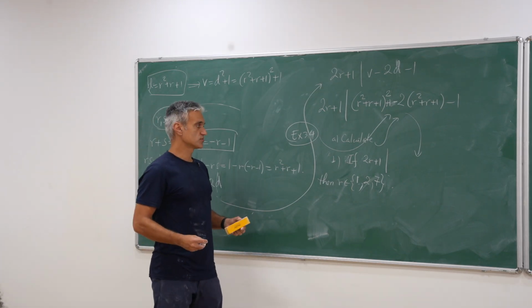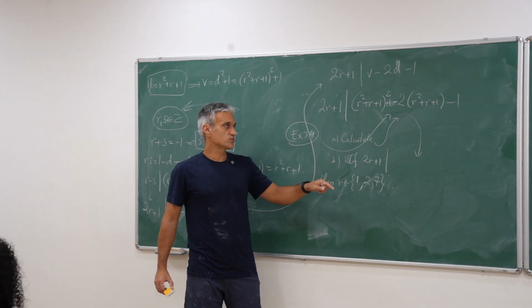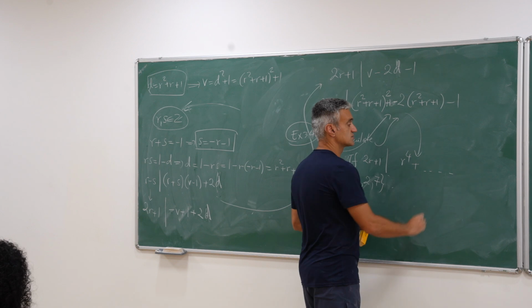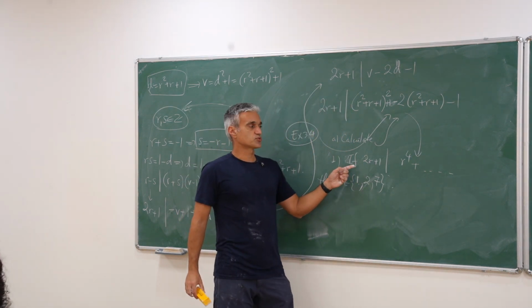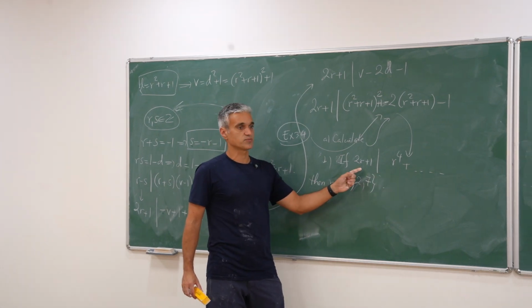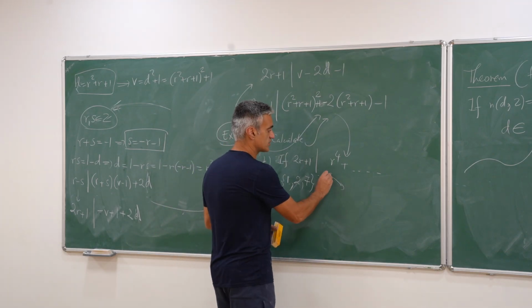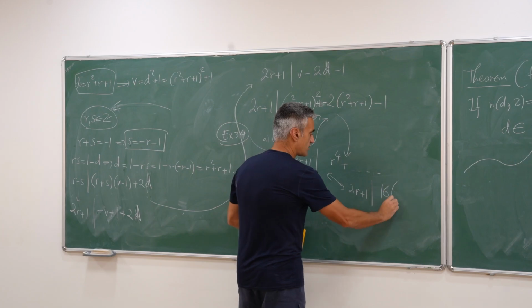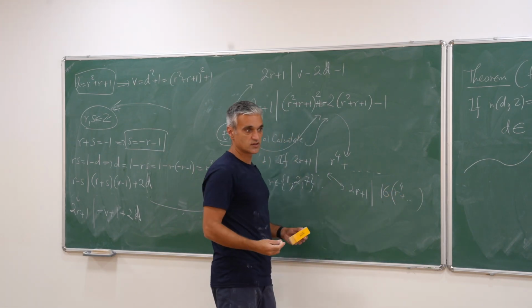Okay, so this will be a divisibility. Over here you will get something like R to the 4th plus something. And just to save you the trouble, this will have integer coefficients, and if you divide by 2R plus 1, you will get fractions. So instead, this will be equivalent to 2R plus 1 dividing 16 times this polynomial, R to the 4th and so on, because 16 and an odd number are coprime.